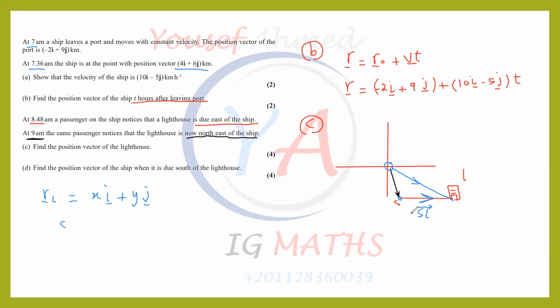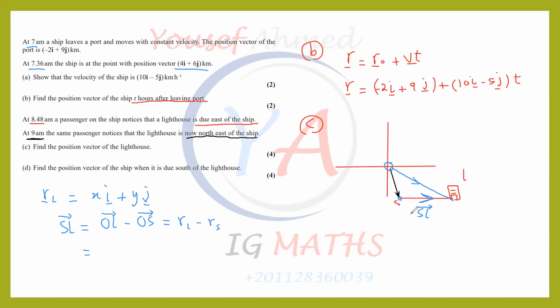SL will be the difference between the position vector of the lighthouse minus the position vector of the ship, RL minus RS.